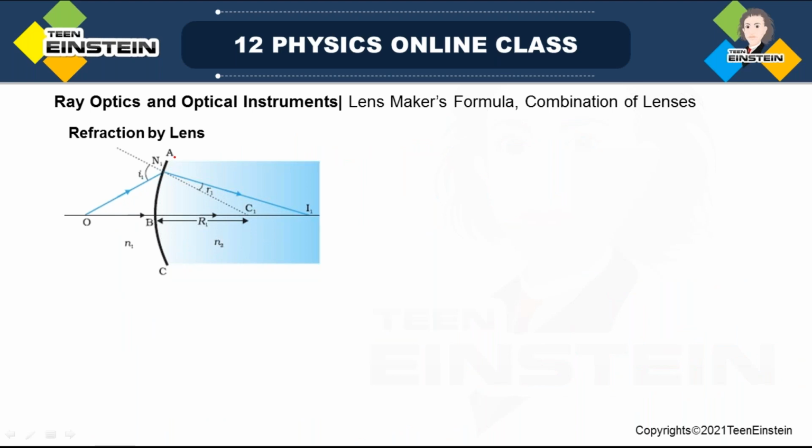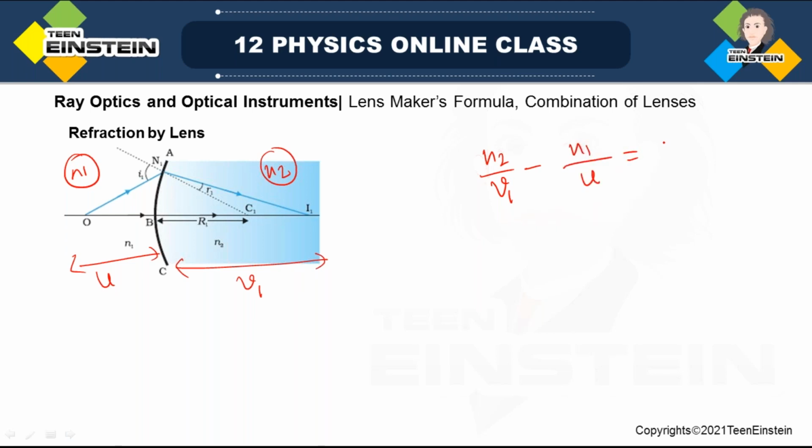For refraction at the ABC spherical surface, where the light is coming from medium n1 and the image is formed in medium n2, suppose the image distance is V1 and the object distance is U. We can write n2 by V1 minus n1 by U is equal to n2 minus n1 by R1, since the radius of curvature is R1. So this is equation number 1.